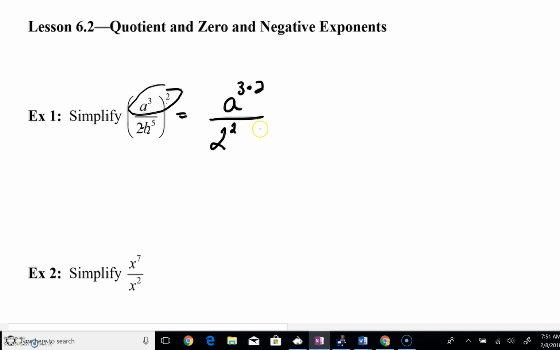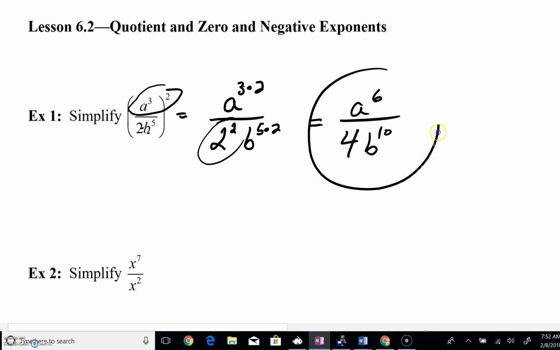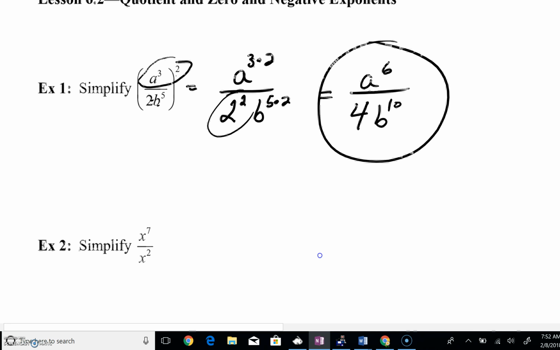But the b to the 5th, power to a power, that gets multiplied also. 3 times 2, you're going to get a 6. Down below, 2 squared is a 4. And 5 times 2 is a 10. So that's what your final answer would look like. You're going to apply your exponent to every term in the problem. If you ever are raising a power to a power, that's when we multiply.